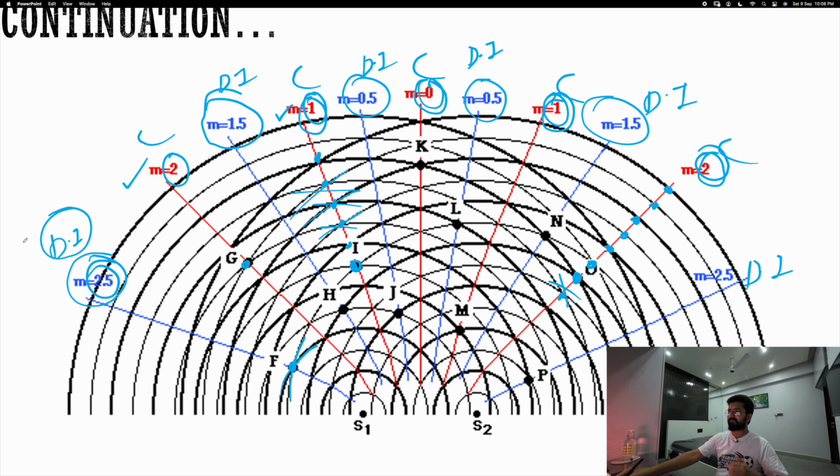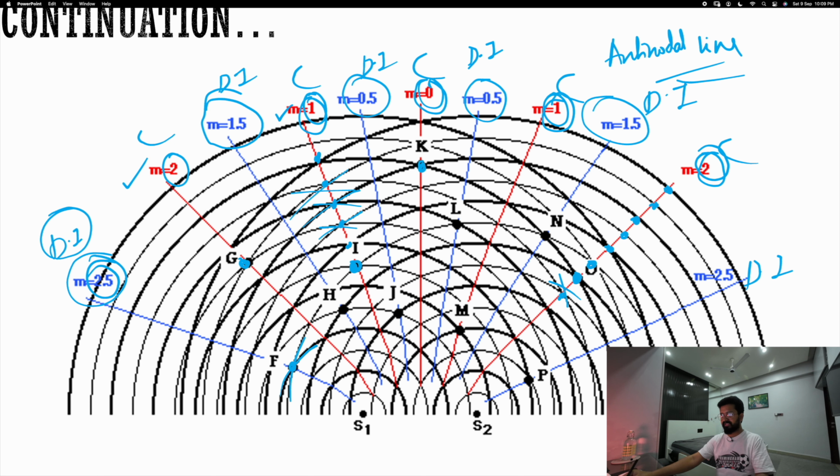So a point where you have constructive interference happening, like m equals 0, 1, 2, these are called antinodal lines, okay? Or a point on the line are called antinodal points, and all these red lines are antinodal lines, but the points on those antinodal lines such as point K, point G, point I or point O here, these all are antinodal points. Okay, so antinodal points are the points where the wave undergoes constructive interference.